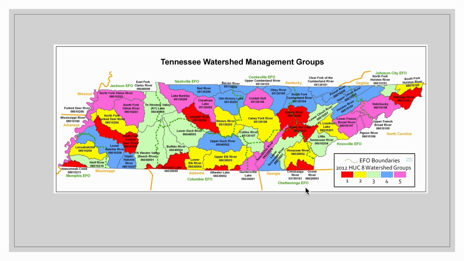There are several watersheds in Tennessee, and then there are several watersheds within each state. For us, I believe we are somewhere either in the Cordell Hull or in the Caney Fork River watershed. Ultimately, all of these flow to the Tennessee River, or maybe even over to the Mississippi, and ultimately out into the Gulf of Mexico.